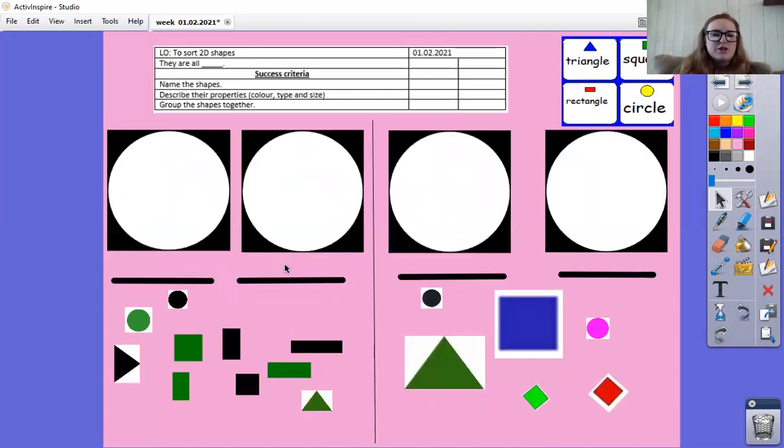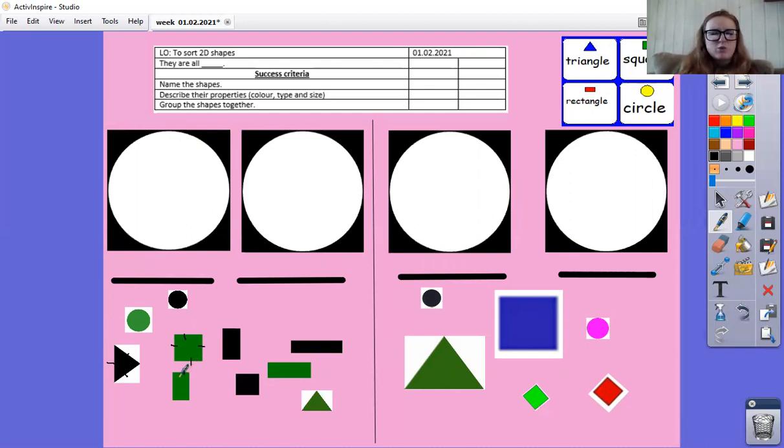I'm going to try sorting some more shapes down here. What can I notice about these shapes? Let's have a look at the different shapes I have. This shape has 1, 2, 3 straight sides, so this shape is a triangle. And this shape has 1 curved side, so this shape is a circle. This shape has 1, 2, 3, 4 straight equal sides, so this shape is a square.